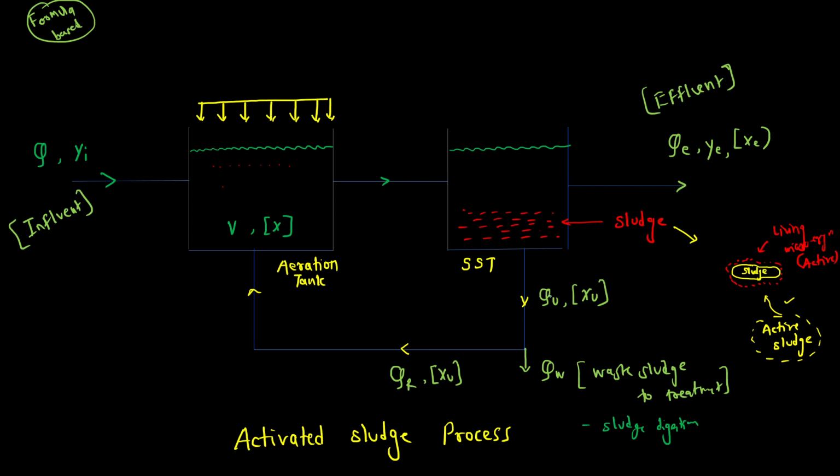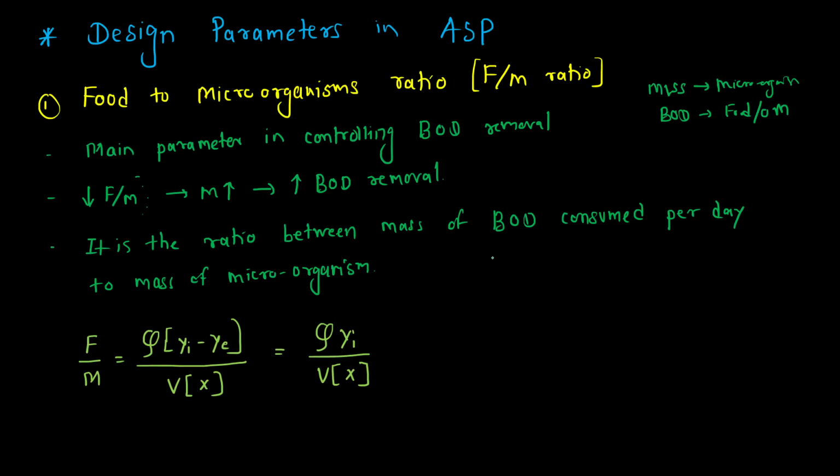So let's say if we are taking 100 gram of sludge from the secondary sedimentation tank, out of this 100 gram we are transferring 80 grams to the aeration tank and 20 grams to sludge digestion, that is the next treatment process.